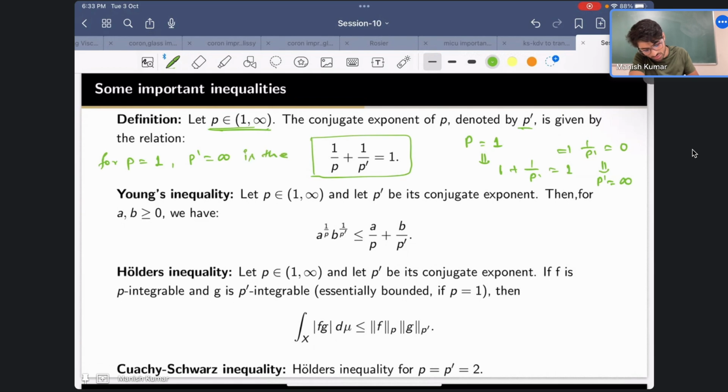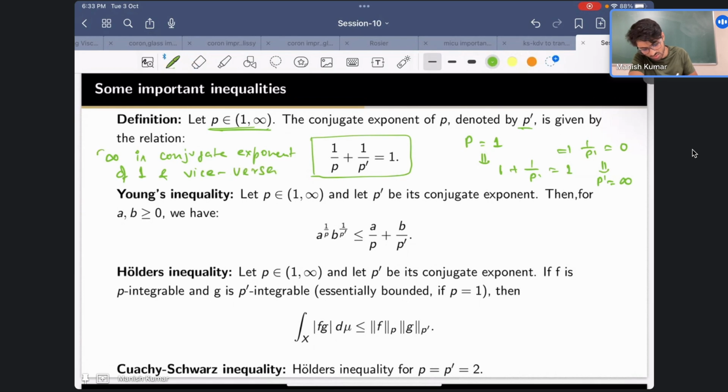You can write it this way: infinity is the conjugate exponent of 1 and vice versa, that is, 1 is the conjugate exponent of infinity.